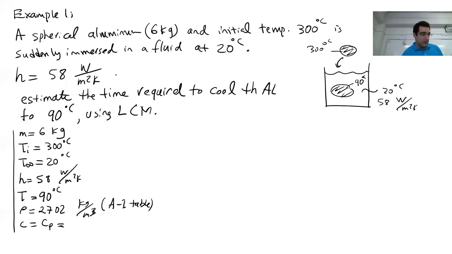So C is 903, with units of joule per kilogram Kelvin or kilogram degree C. You can still find it from table A1. And also the thermal conductivity of the object is 237 watt per meter Kelvin.